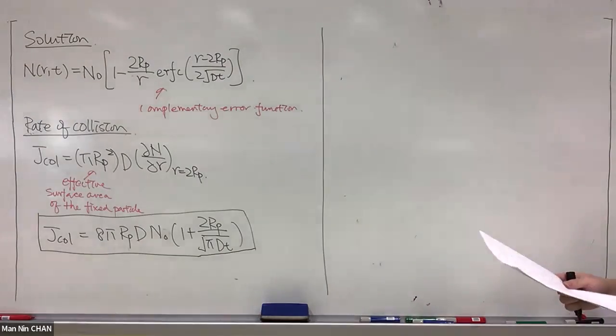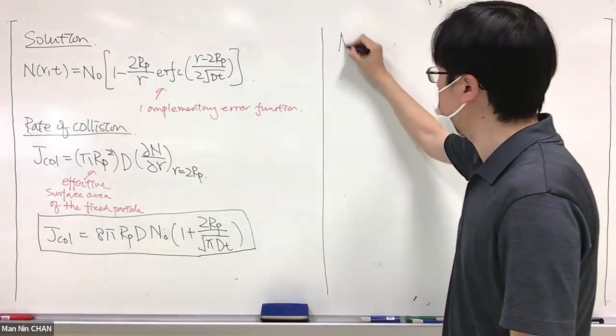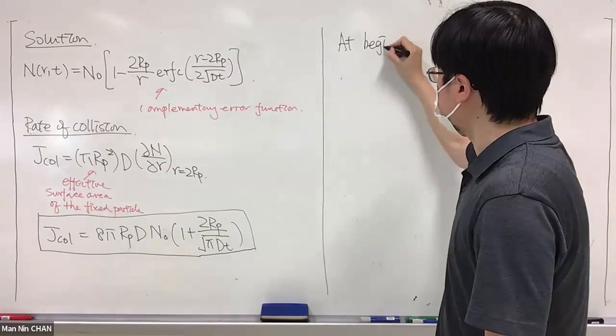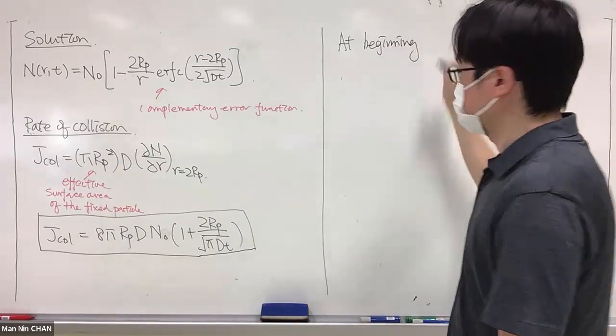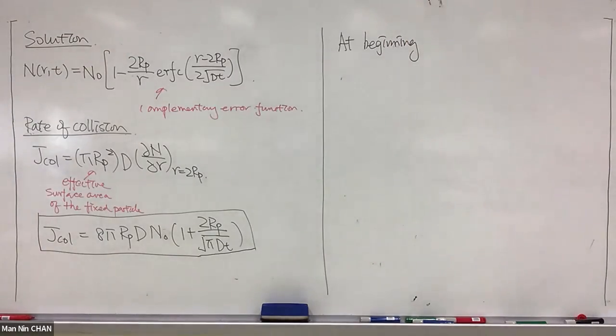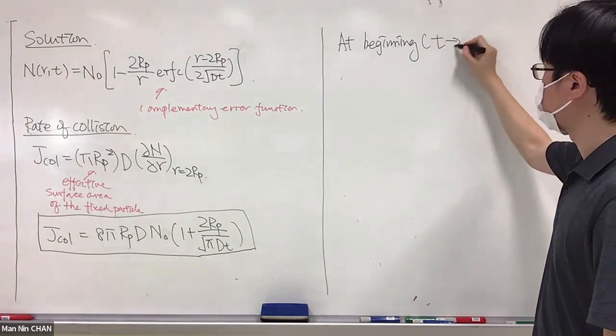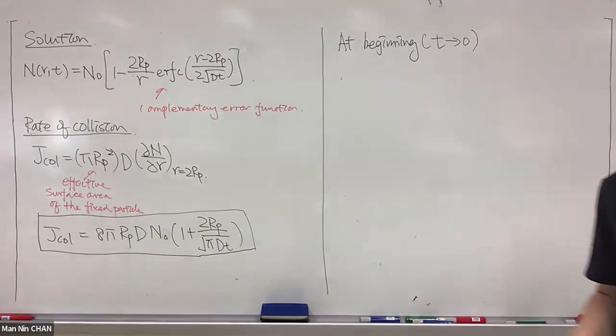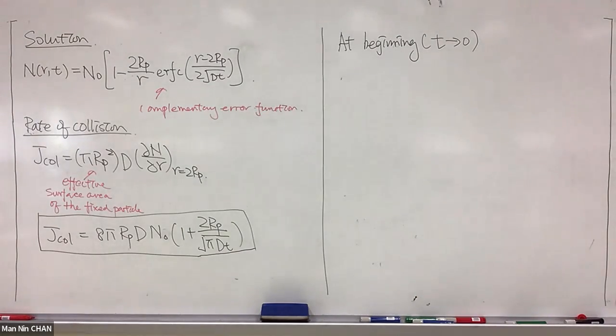If you're looking at this rate equation, let's say at the very beginning, when your time is very small, or say the time tends to 0, that means at the very beginning.